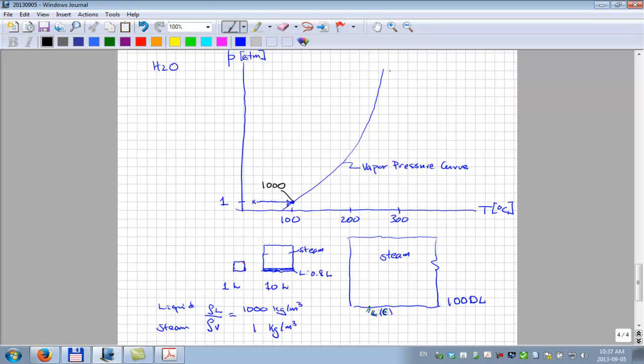But as you climb up this curve and you get to another point here, a higher temperature, you see the same kind of phenomena going on. You can have either all vapor, all liquid, or half and half, whatever you like. But if you look at the properties, you're going to higher pressure and temperature. The gas density is going to be higher, but the liquid density is not going to change that much. So the ratio now is only going to be about 100. Okay?